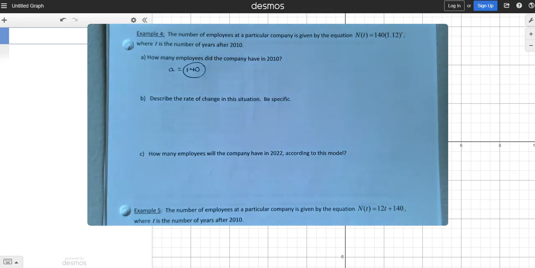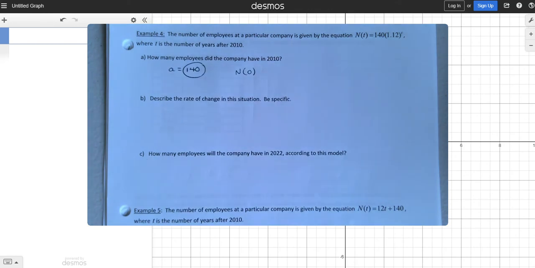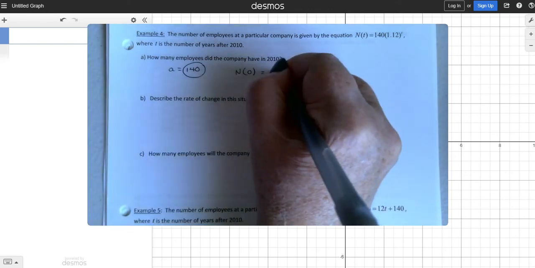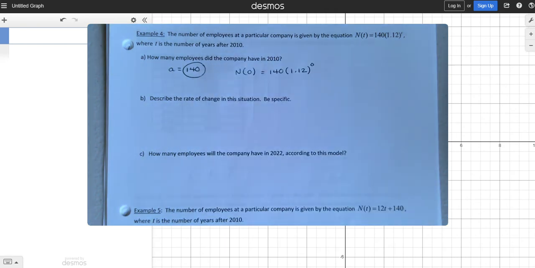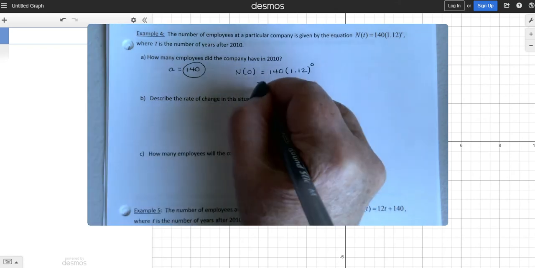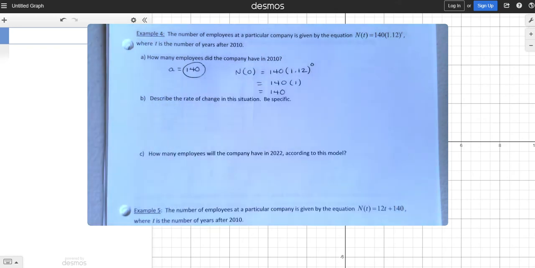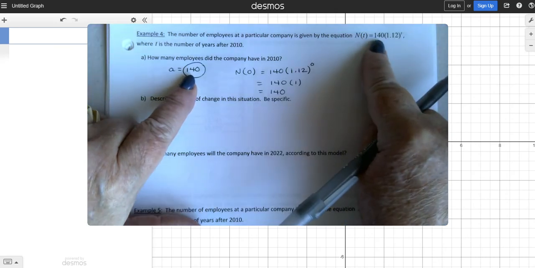Or alternatively, I could actually formally plug in t equals 0, 0 years after 2010. But of course, any number to the 0 power is 1. So I just have 140 times 1, or 140. Right? But if you recognize it and just can say, hey, that's the a value, the starting amount, that's perfectly fine. All right, it says describe the rate of change of this situation and be specific.